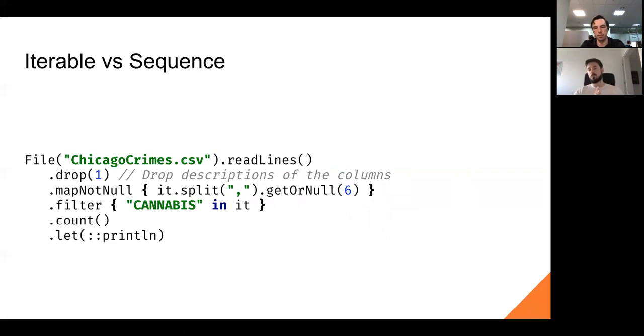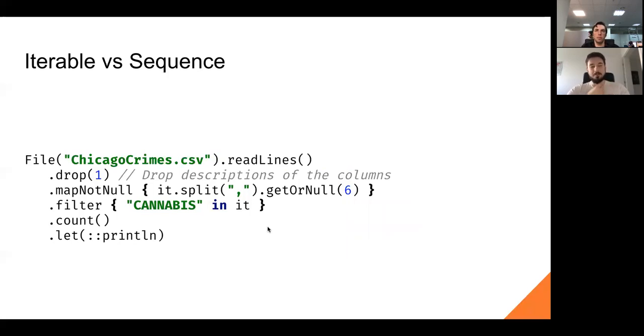The difference between those two is especially visible when we think about big things. One very visible example is processing over a file. A very simple way would be to take a file, read all the lines, and do some classic iterable processing.